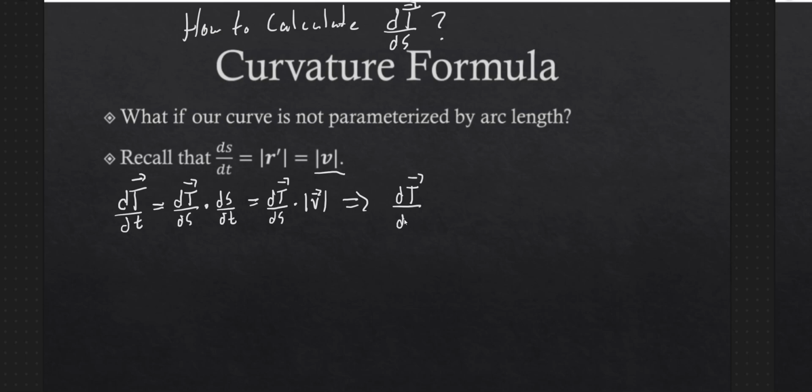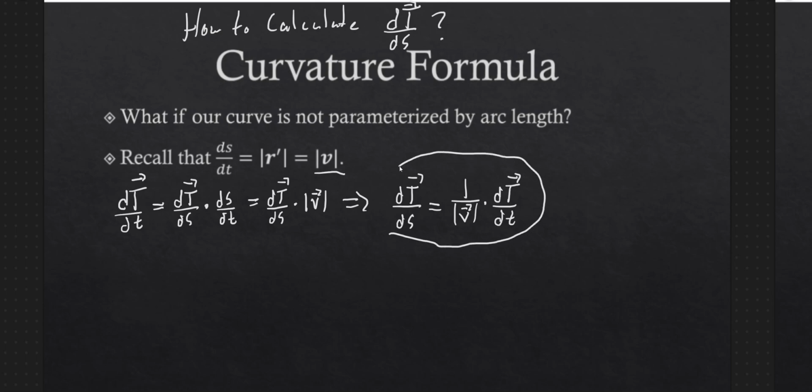So dT/dt equals dT/ds times the magnitude of velocity. Solving for what we want a formula for, dT/ds is 1 over the magnitude of velocity, or the magnitude of the derivative, times dT/dt. Now we have this thing we're after in terms of two things that we can get a hold of.